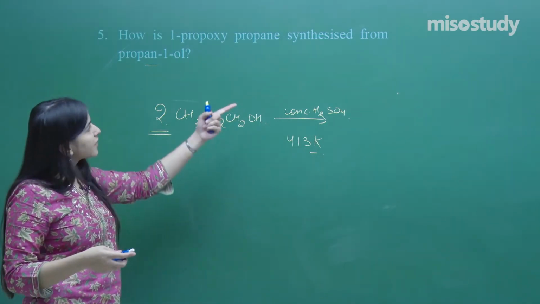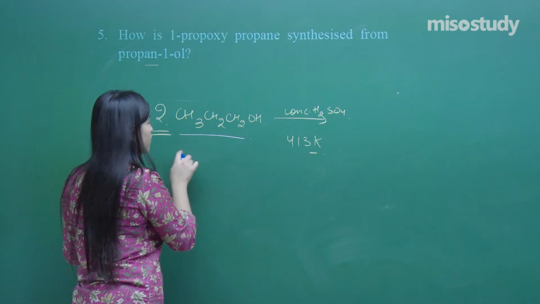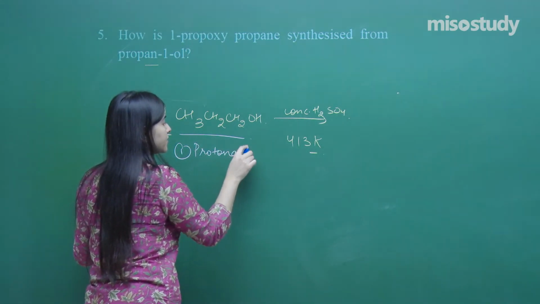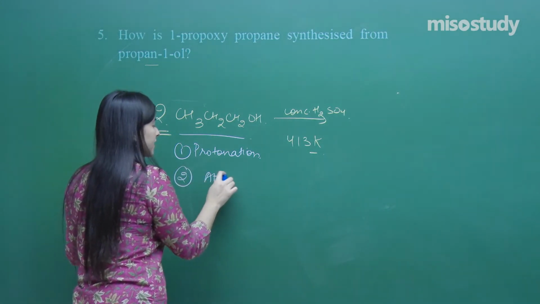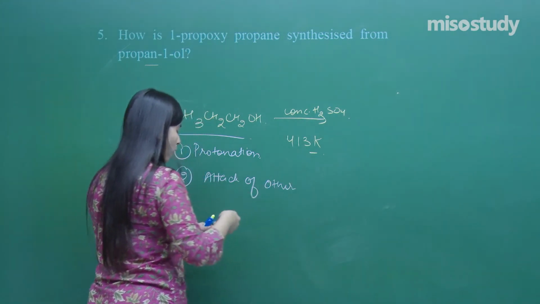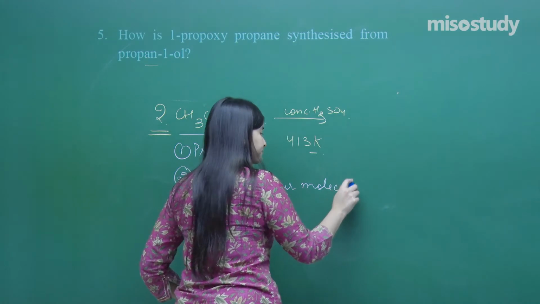Again, a similar kind of mechanism, right? We all know that for 1 mole, first will be the protonation. We have just done this. First will be the protonation, second will be the attack of the other molecule, right?